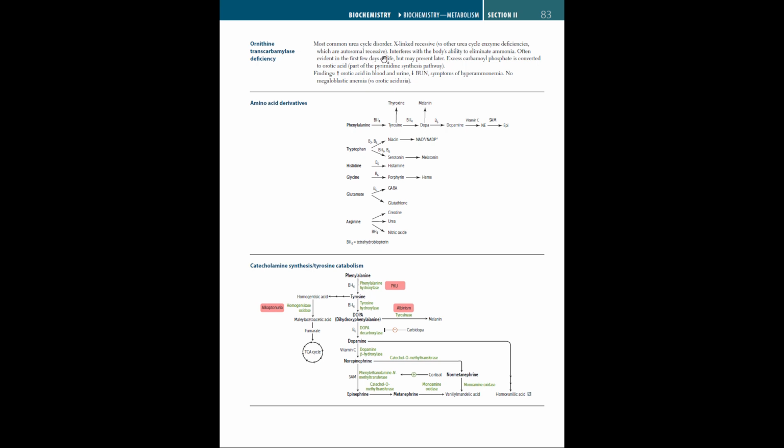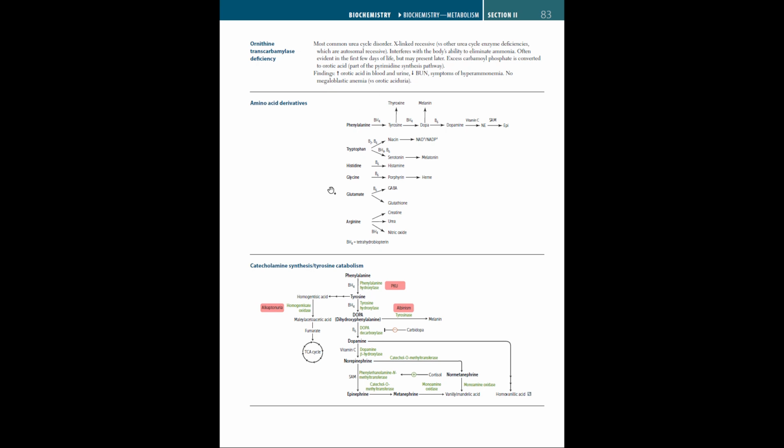Now, ornithine transcarbamylase deficiency interferes with the body's ability to eliminate ammonia, and often is evident in the first few days of life, but may present later. Now, excess carbamoyl phosphate is converted to orotic acid, part of the pyrimidine synthesis pathway. And the findings in these patients are increased orotic acid in the blood and urine, decreased BUN, symptoms of hyperammonemia, and no megaloblastic anemia, versus orotic aciduria.